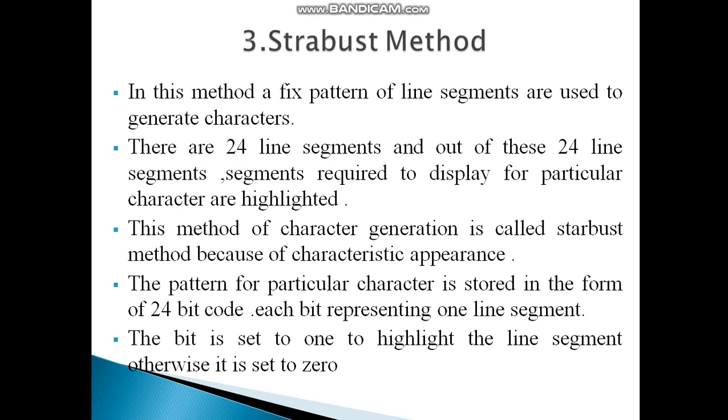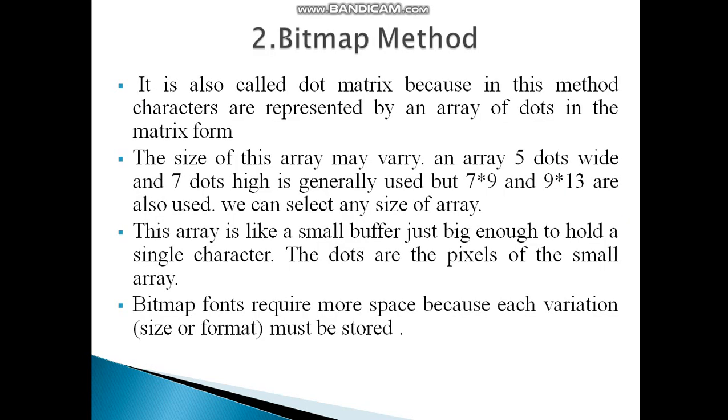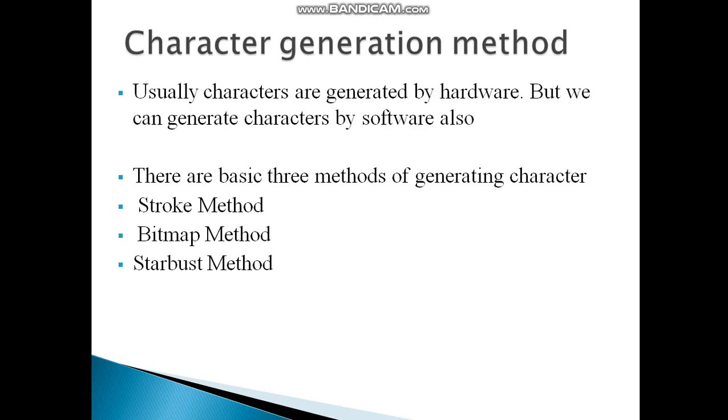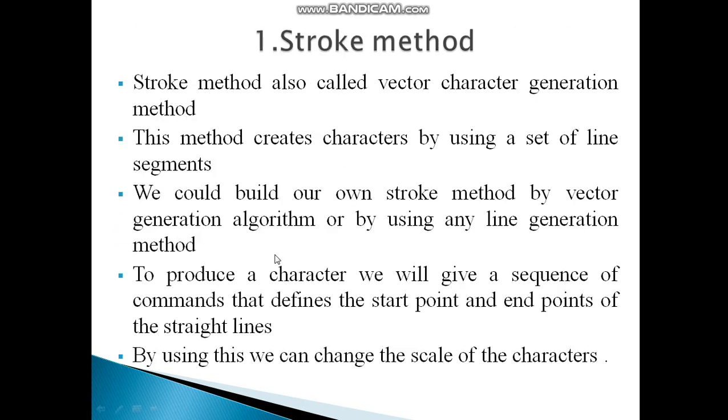So we learned in this session about the character generation methods. There are 3 methods. First is the stroke method, second is bitmap, and third is starburst. The stroke method is also called the vector character generation method. In the stroke method, we use some inbuilt functions, and by using these functions we draw a line segment or an arc.